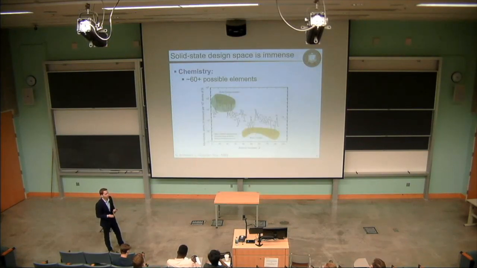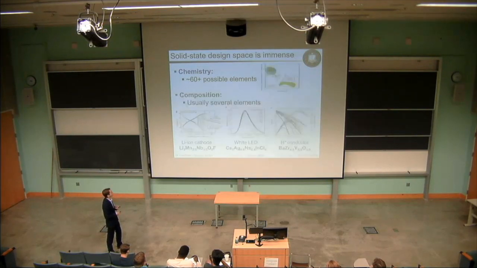Just to illustrate what kind of combinatorial design space exists in solid state materials discovery, there are about 60 relevant elements to a solid state material. These are all that are present in the Earth's crust. We can combine them with one another to make a diverse range of solid state compounds.